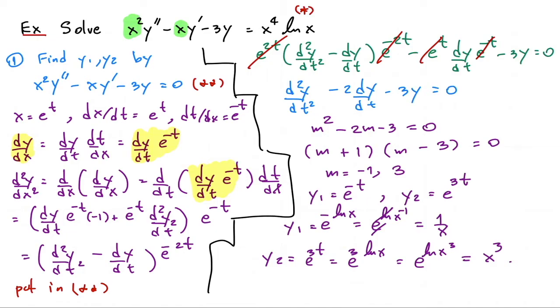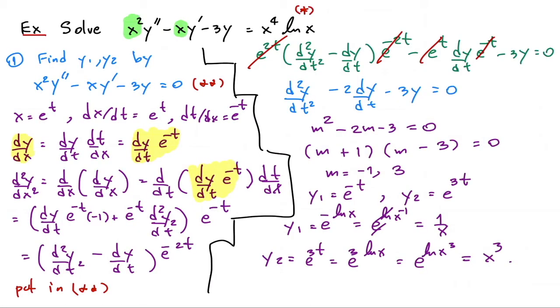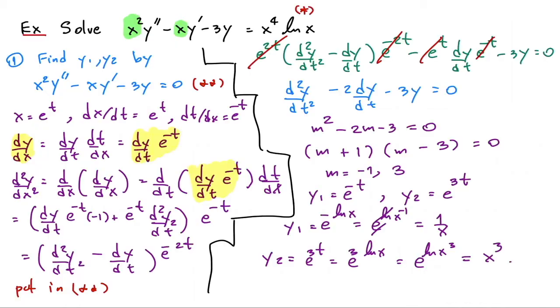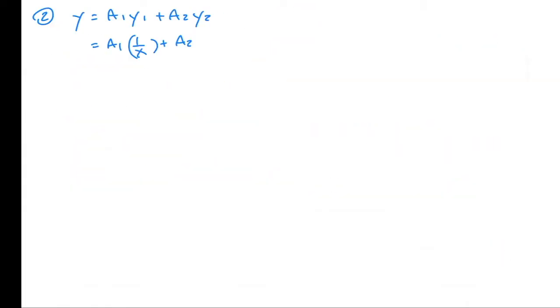Then guys, we write down that y is actually a1 y1 plus a2 y2, right? So third, we have, okay, write down here. A1, y1 is 1 over x, and a2, y2 is x cubed.